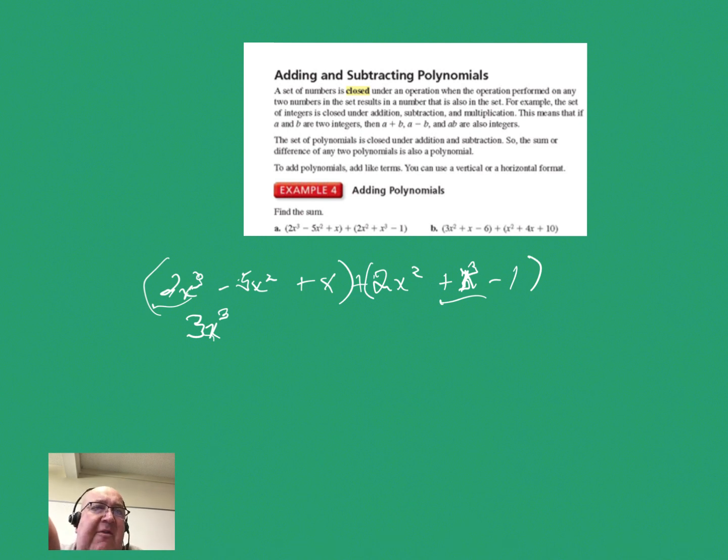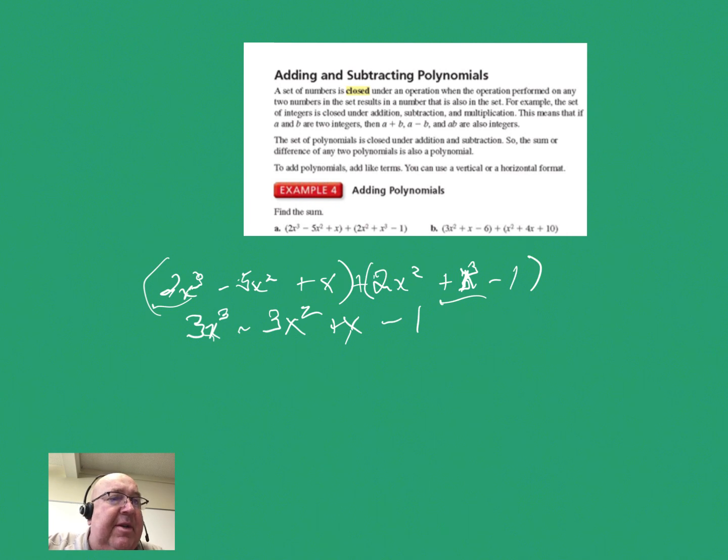We have negative 5x squared plus 2x squared minus 3x squared. And then we have plus x minus 1. So that's one way you can do these problems.